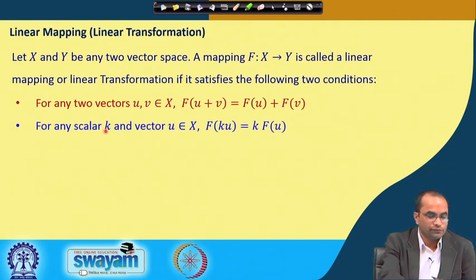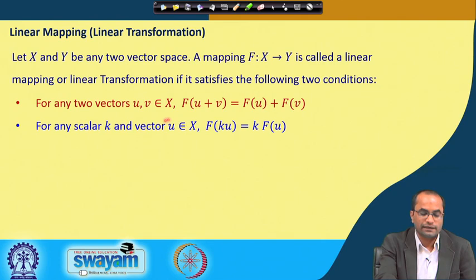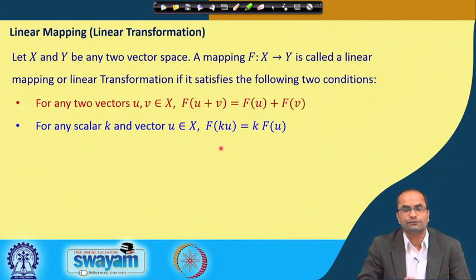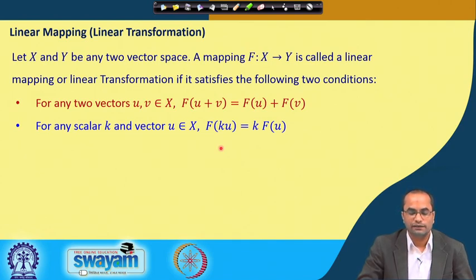The second one, for any scalar k from the set of real numbers and any vector u from this X, f should also satisfy that f of k times u, the scalar multiplication of k to u, should be equal to k times f u.